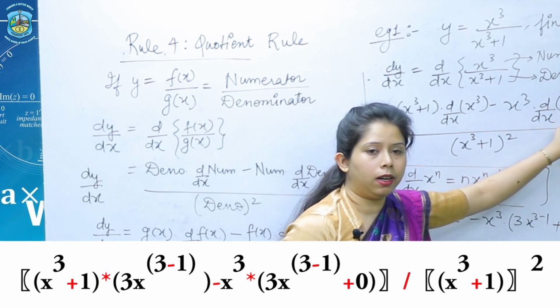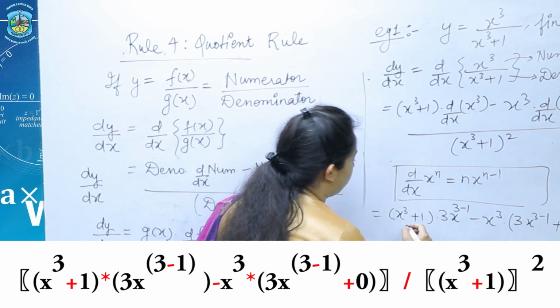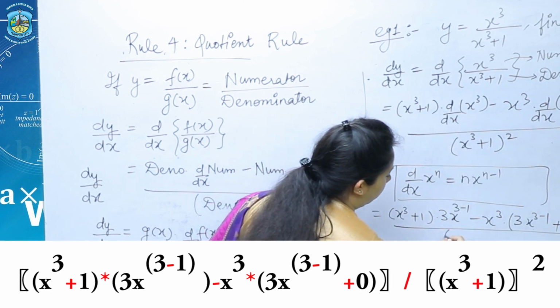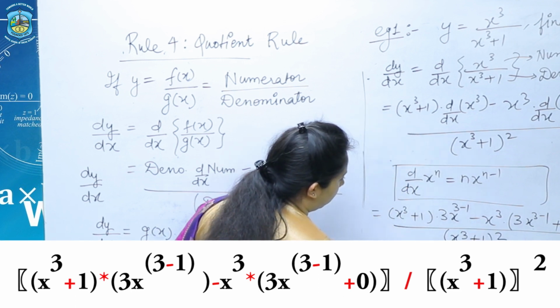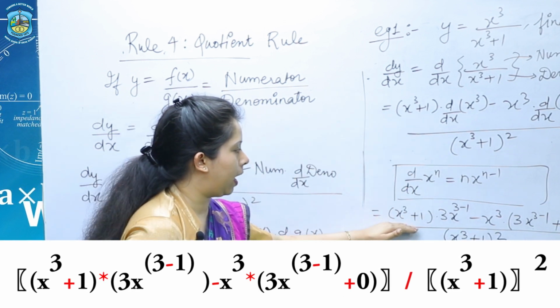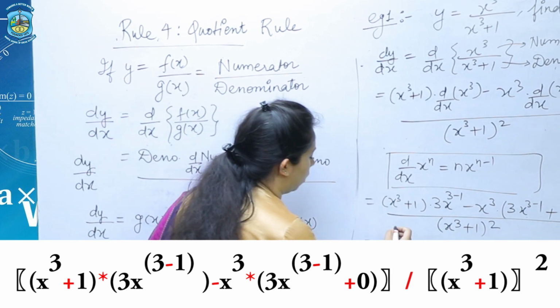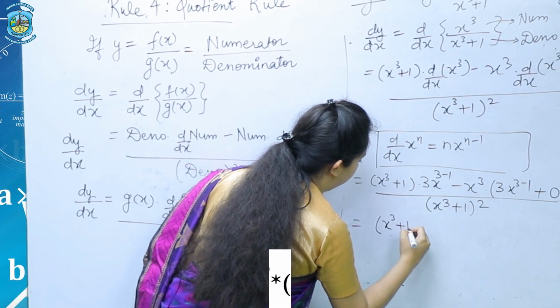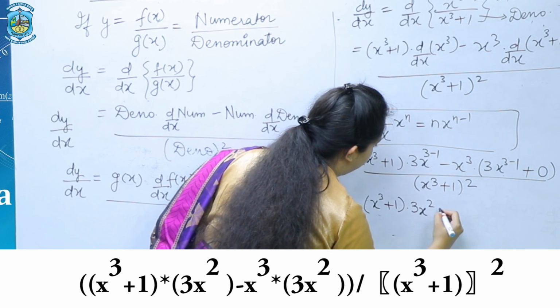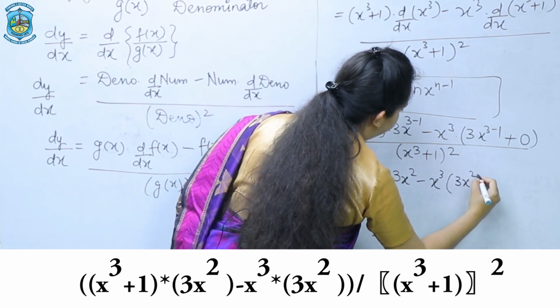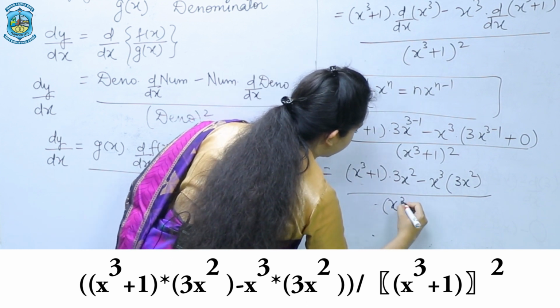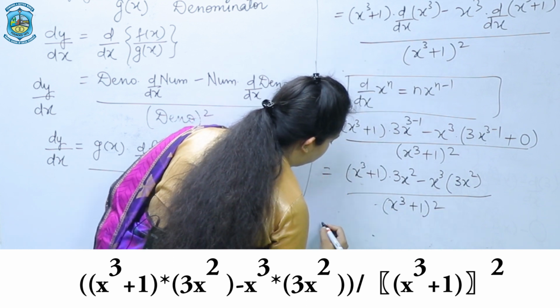So the derivative of 1 is 0, divided by the square of the denominator, x cube plus 1 whole square. You just have to multiply the terms and simplify the bracket. So we will get x cube plus 1 into 3x square minus x cube into 3x square divided by x cube plus 1 whole square.